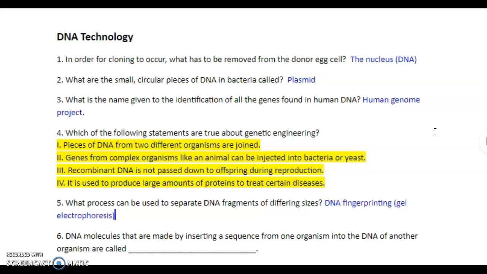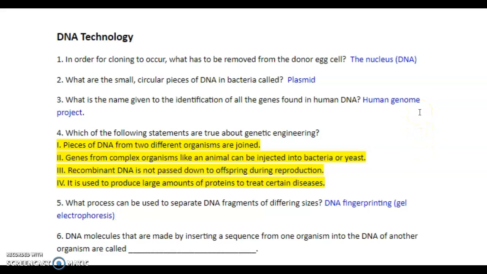Because the particles are different sizes, they can move different distances. It's harder for the longer pieces to move through the gel. They have a lot more resistance, so they can't move as quickly as the smaller particles. So the smaller particles are going to move further down, and it leaves a banding pattern.